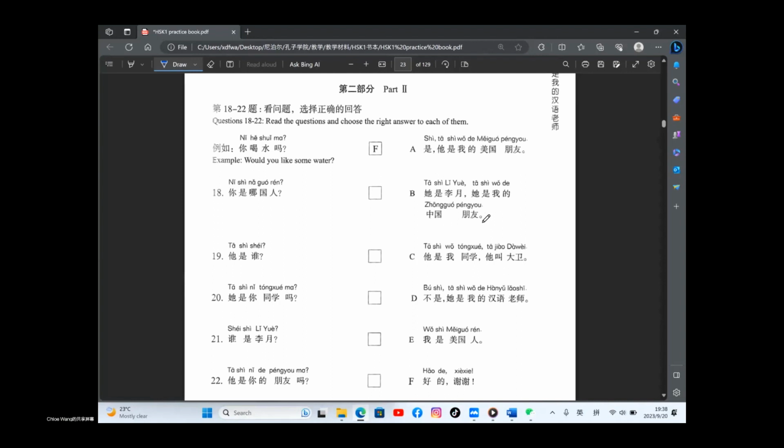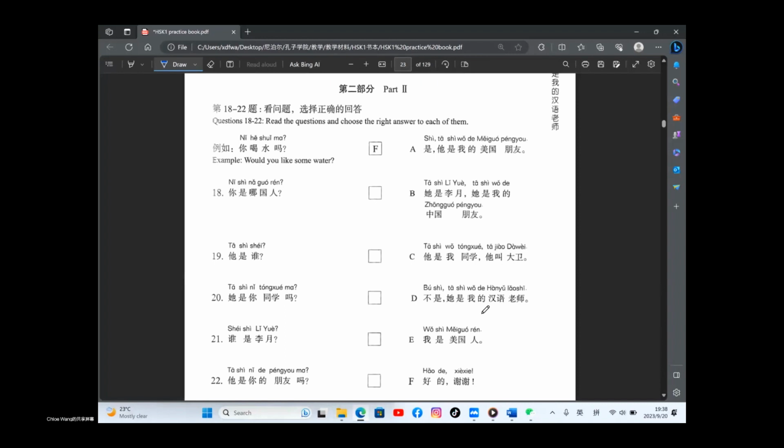She is 李月. She is my Chinese friend. Not appropriate. C, 他是我同学. 他叫大卫. He is my classmate. He is called David. Not appropriate. D, 不是，她是我的汉语老师. No, she is my Chinese teacher.